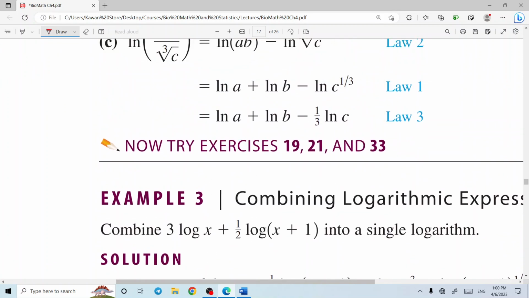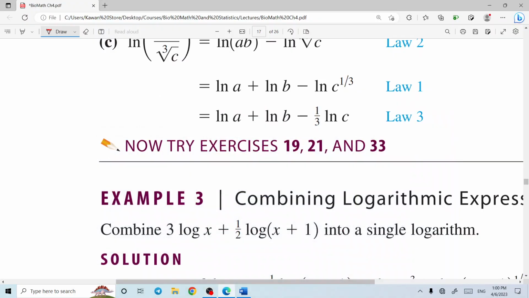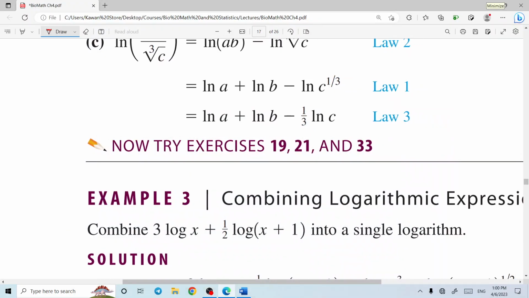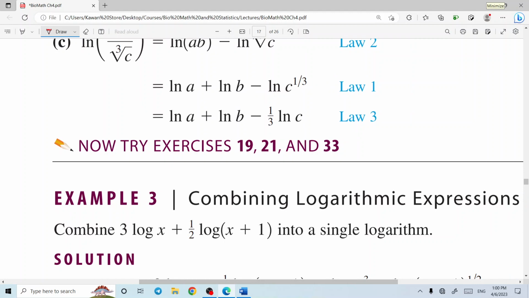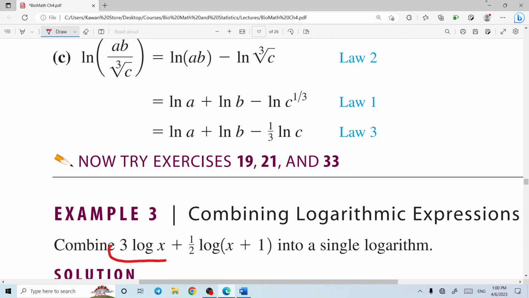Now, look here. Actually we don't talk about that. You just expand, just use the rule. Now combine is the reverse operation of the previous one. Expand, combine. So this is combine. Am I right?